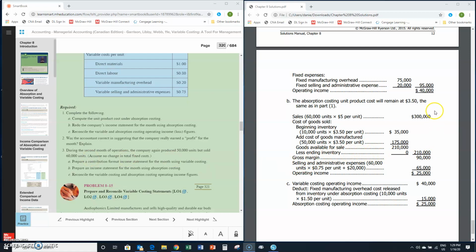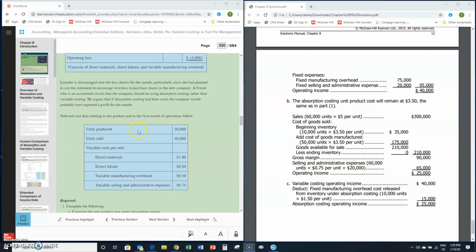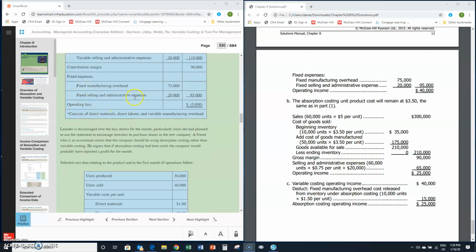So we take our sales and subtract our cost of goods sold to get a gross margin of 90,000. Selling and admin expenses, 60,000 units sold times the variable selling and admin expenses here of 75 cents per unit, plus fixed selling and admin expenses of 20,000. Gives us an operating income of 25,000.